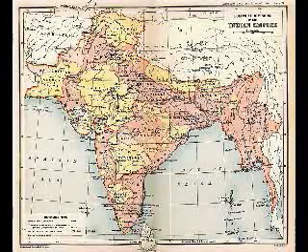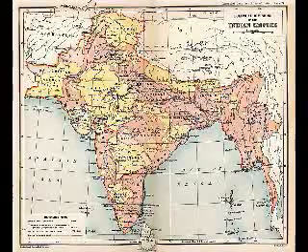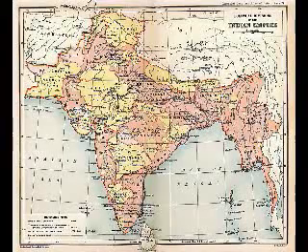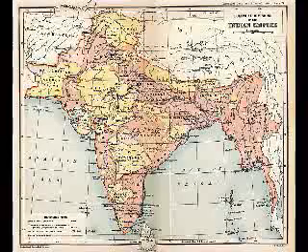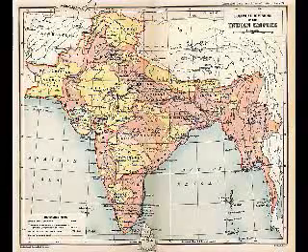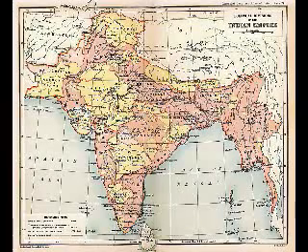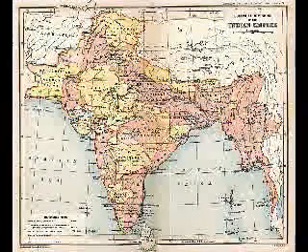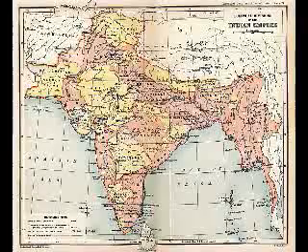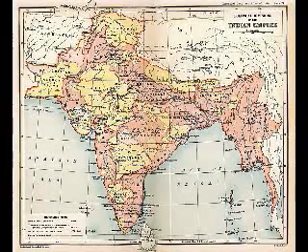Cornwallis erected the structure of a system of government under which India came to be ruled for the next 100 years. It was based on the perpetuation of foreign rule and exploitation of the wealth of the governed.